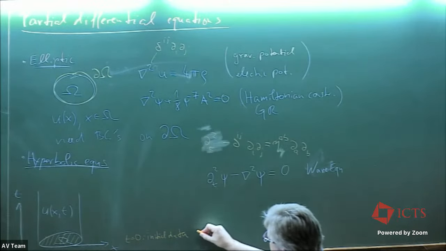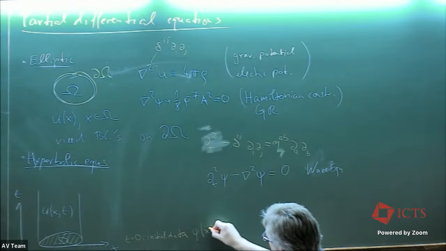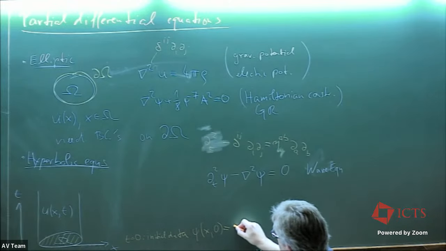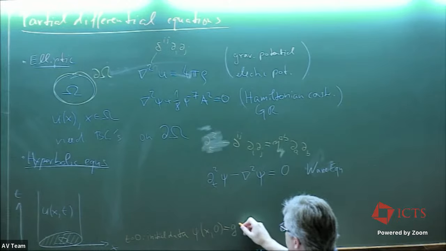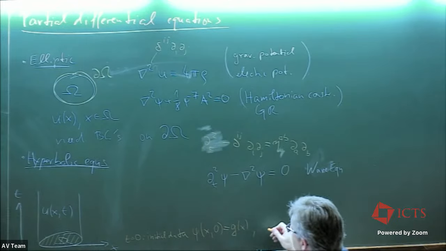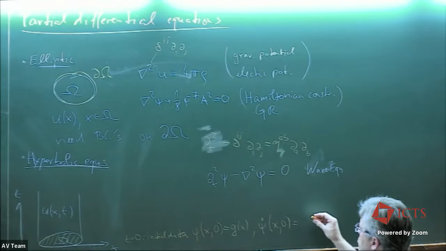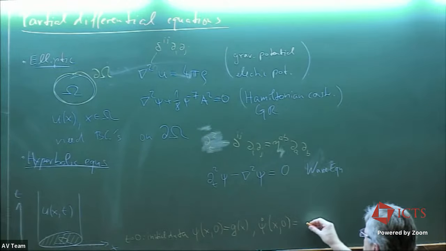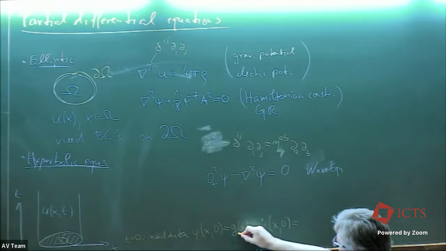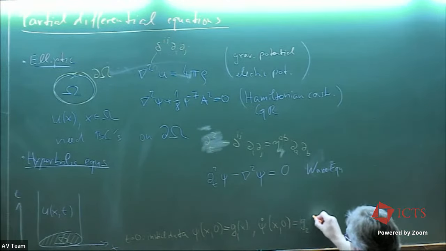So we need to specify psi of x comma 0 is some initial function, let's call it g of x. And we need to specify psi dot of x comma 0 is some other initial function, I don't know, g1 and g2 of x.